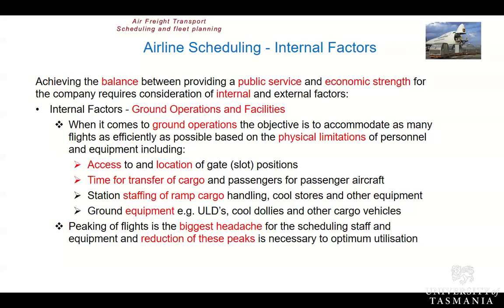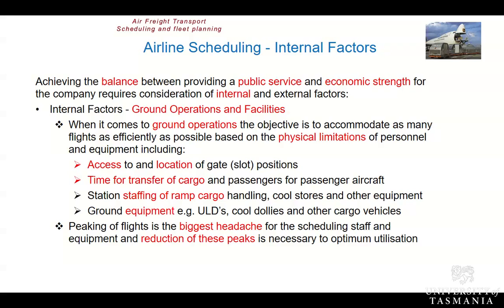Now, I suppose for the air scheduler, the biggest headache for them is going to be this issue at peak times. If you remember, we had a look at the movement of cargo over the course of the year. There's probably only two real peak times, one time in and around April and another time as a build-up to Christmas.